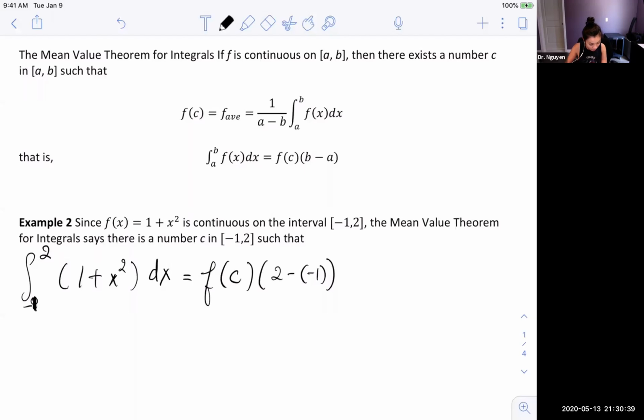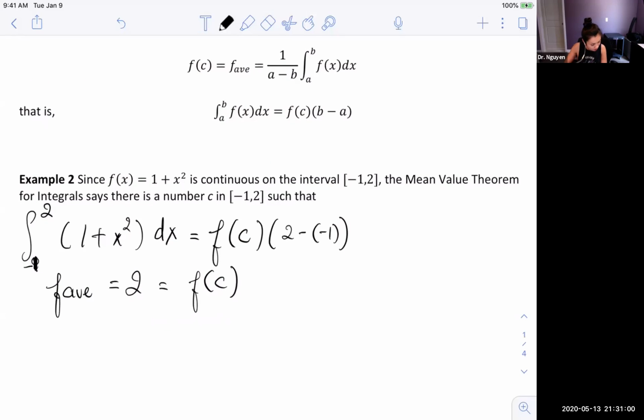All right. So we can find c easily. From example 1 earlier, we know that the average value of the function is 2. So we know that f of c has to be 2. So we plug it in and we solve for it. So 1 plus c squared has to be 2, and therefore c squared is 1.